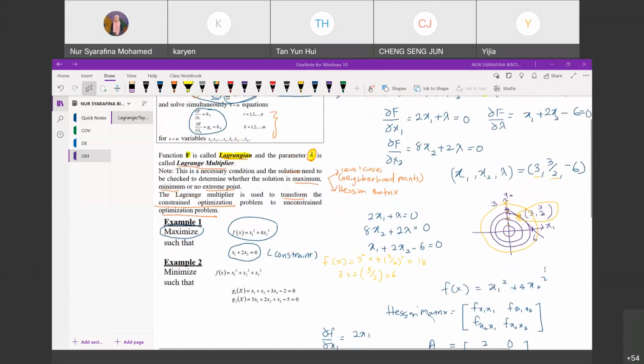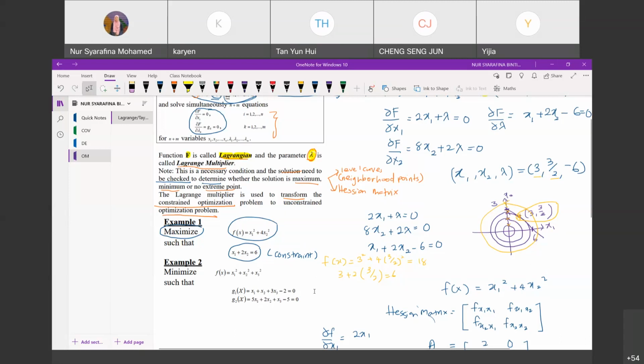That's why in Lagrange, this is a necessary condition, and the solution needs to be checked to determine whether the solution is maximum, minimum, or no extreme point. All right, so that is the problem in constraint. We have to check. Okay, is that clear?